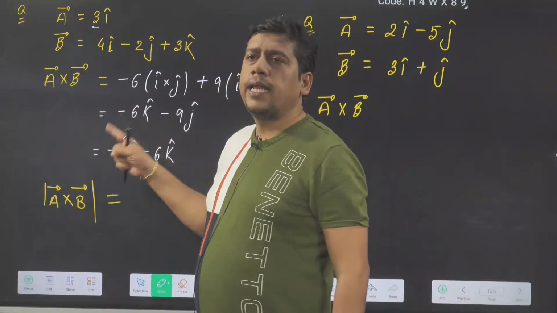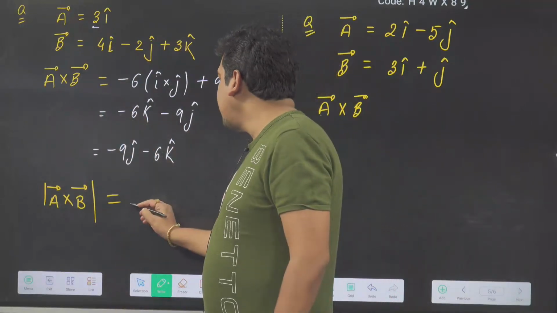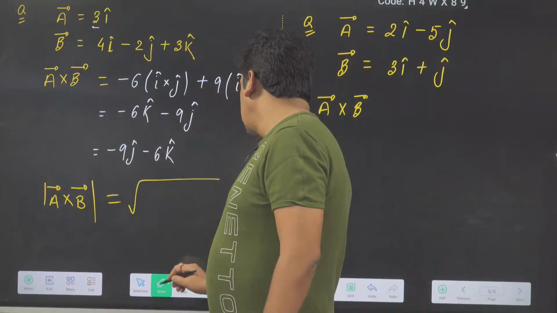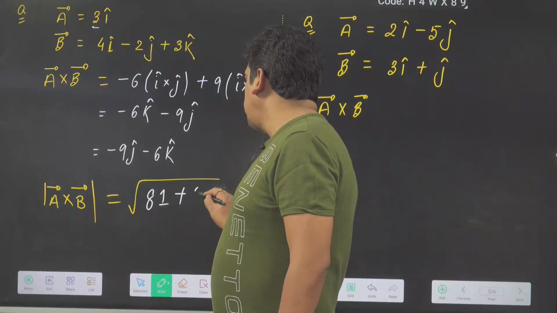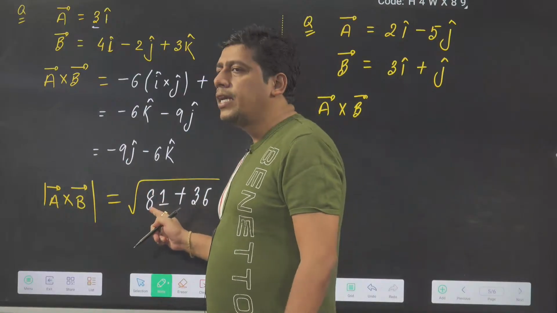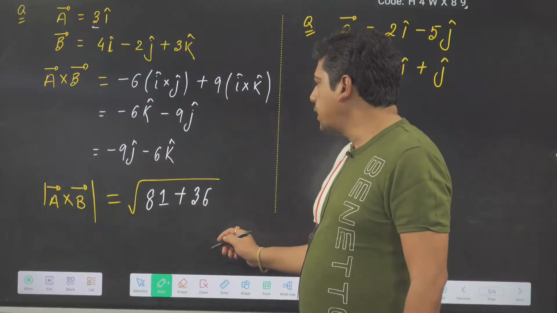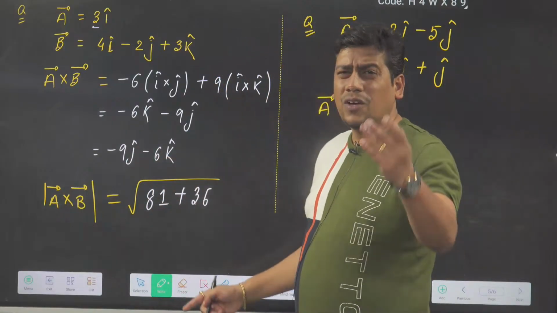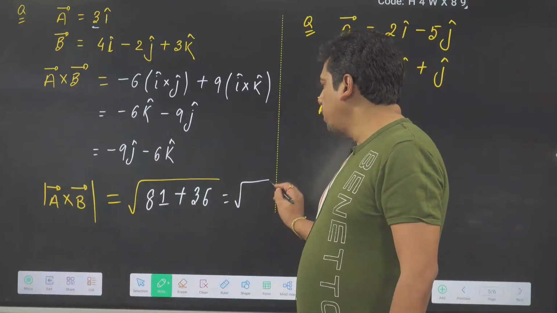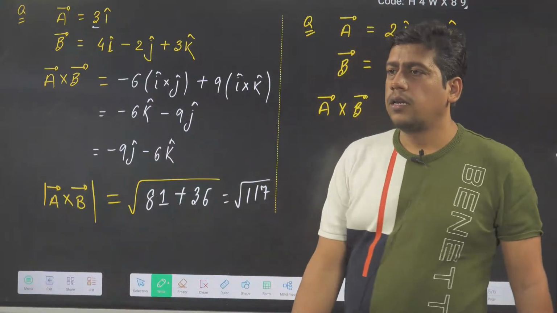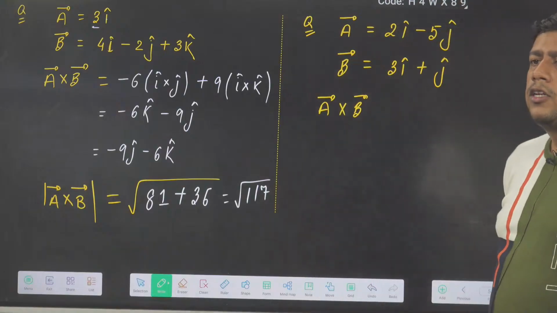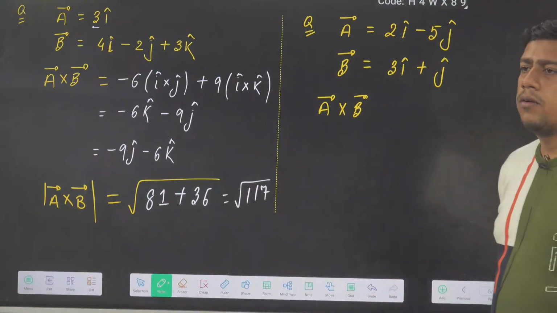First find A cross B like this, and then take the magnitude: under root 81 plus 36. 9 square is 81, 6 square is 36. So the magnitude will be under root 117.